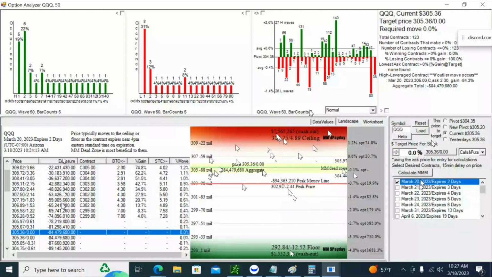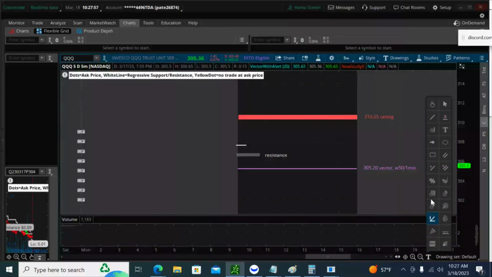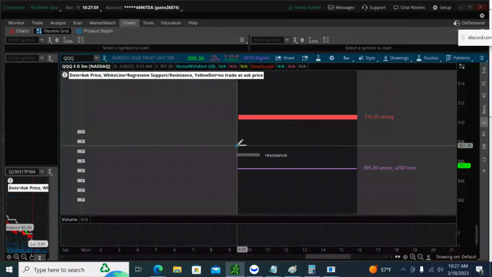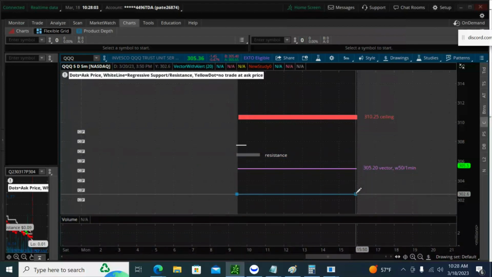Ideally, we move to the extremes where the premium's being sucked out of the contracts as much as possible. So right now, 310.24, and let's put in our peak money line. So it's at 302.92. So it's way down here.